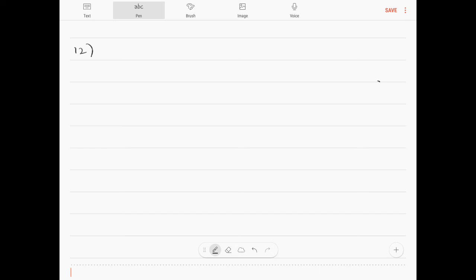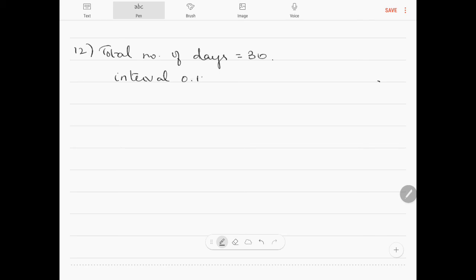Using this table, find the probability of the concentration of sulfur dioxide being in the interval 0.12 to 0.16 on any of these days. The total number of days is 30. The number of days on which the concentration was in the interval 0.12 to 0.16 is 2. So 2 divided by the number of days, which is equal to 1 by 15.